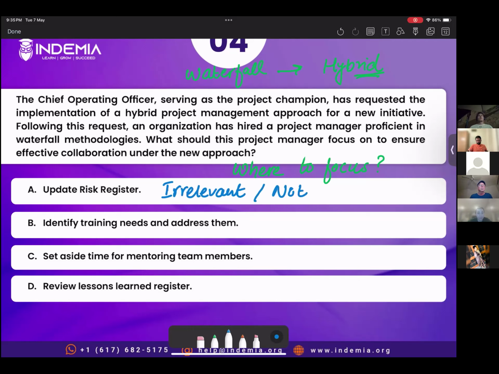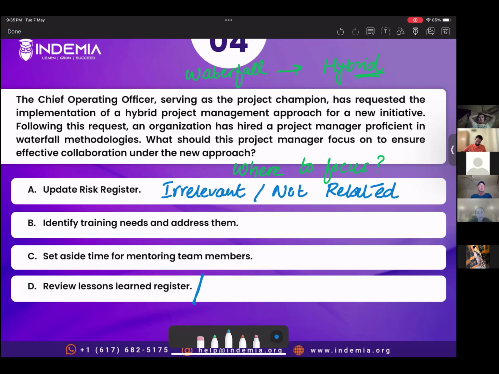Okay. Review lessons learned register. It's a waterfall approach, but the project right here is not using the waterfall approach. So reviewing the lessons learned, how is that going to help you? Okay. But you can learn from the past, even if it is agile. So it's not always waterfall. You can learn from lessons. Yeah, that was one of my next options.